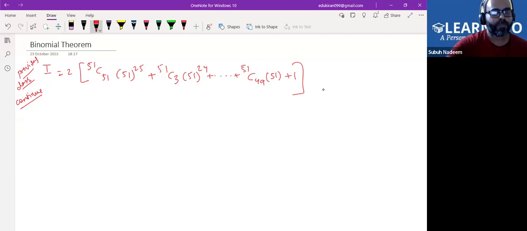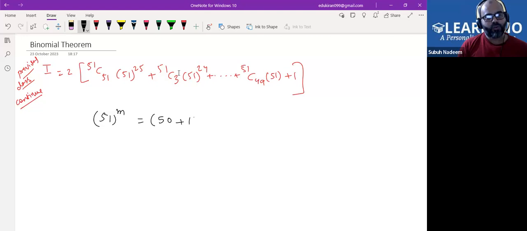So if we continue seeing this expression, what will happen is that if we take 51 to the power m as an expression, it is (50 + 1) to the power m, right?